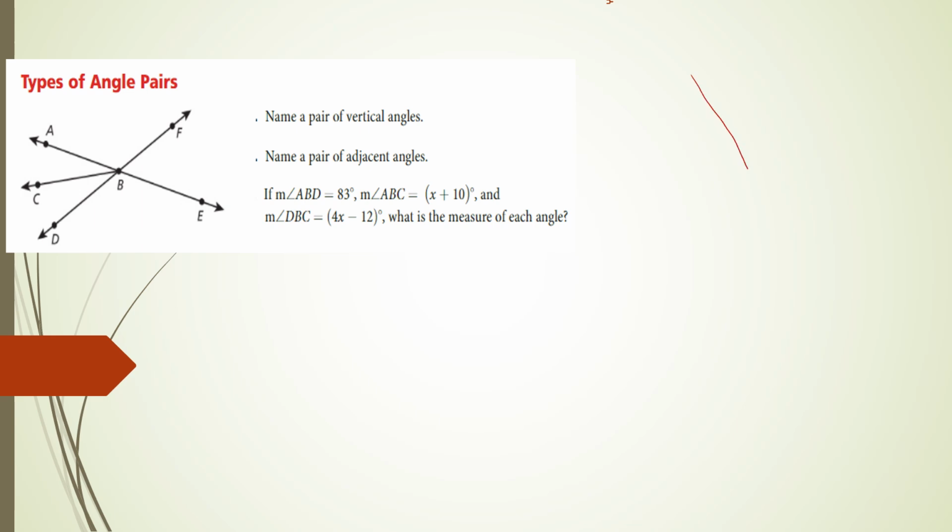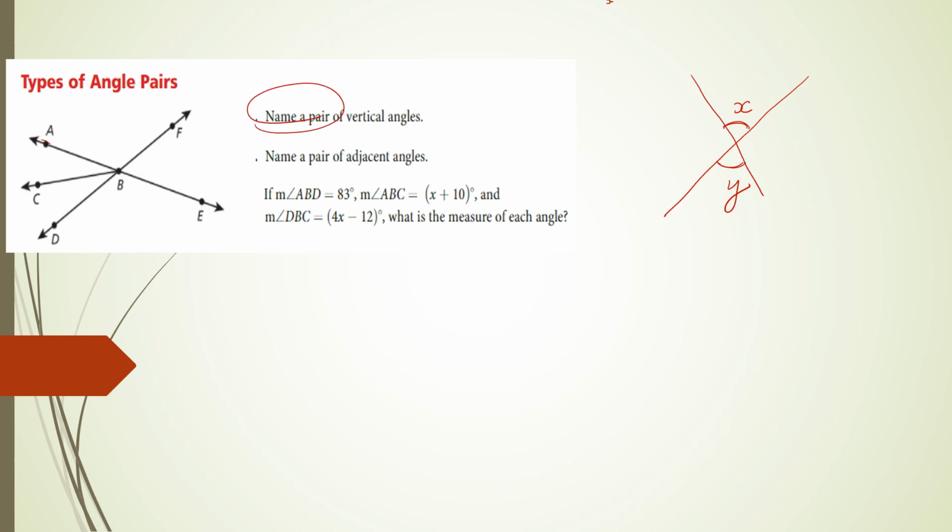Vertical angles are the angles that make an X. If I am making an X, these angles opposite to each other, for example if this is x and this is y, then x equals y and they are said to be vertical angles.